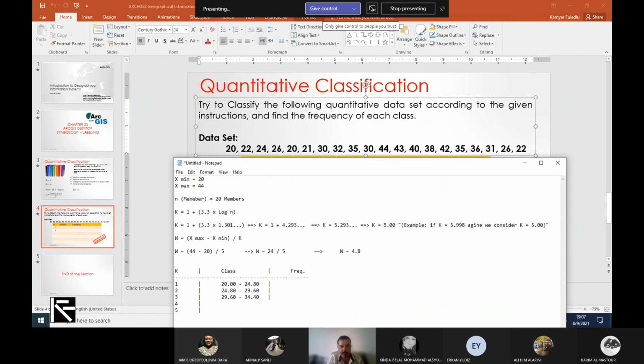This one. Then we will have 34.40 and we will have 39.20.